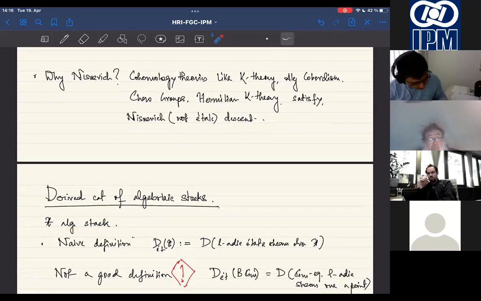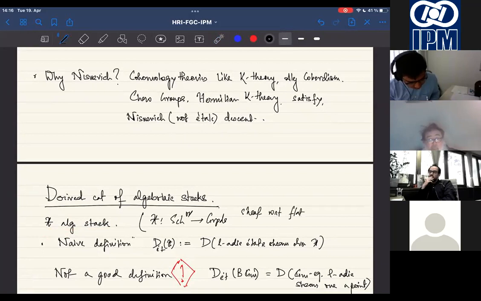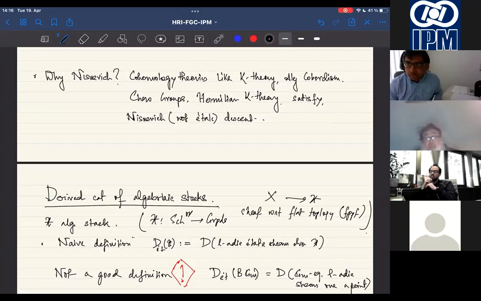If not, I can just say that you can consider an algebraic stack as a functor from schemes to groupoids, which is a sheaf with respect to some flat topology, namely the fppf topology. And what algebraic means is that you have a morphism from a scheme to this stack. Here the scheme is considered via its functor of points.